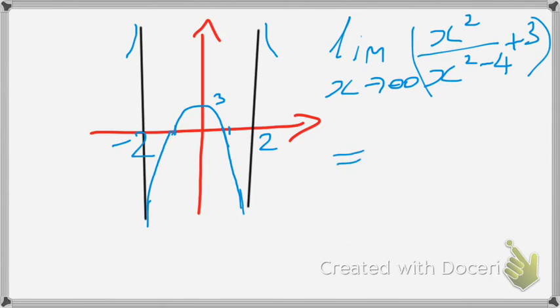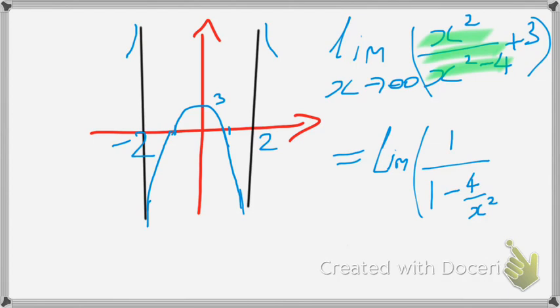So I'm just going to write limit, but I won't write the thing at the bottom. So just in the fraction only, I'm going to ignore the 3. I can just add the 3 on at the end. I'm just going to divide the top and bottom by x squared.